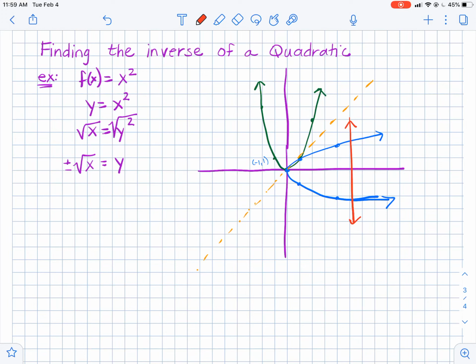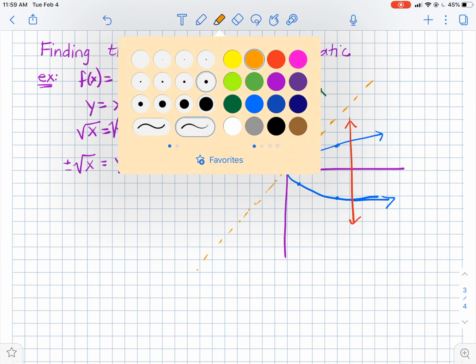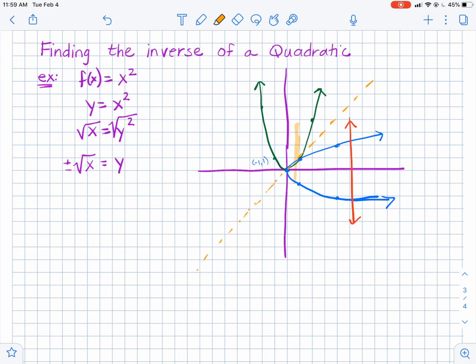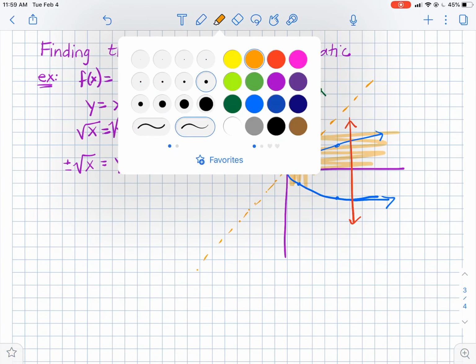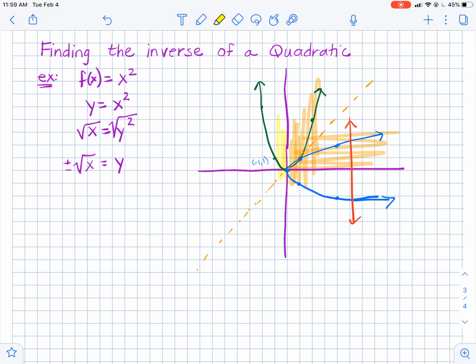So what I could do is either look at the right half of my graph, and then its inverse, which would be a function, or I could look at the left half and its inverse, which would be a function, okay?